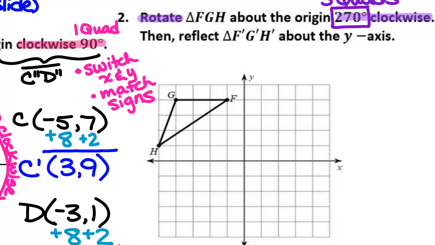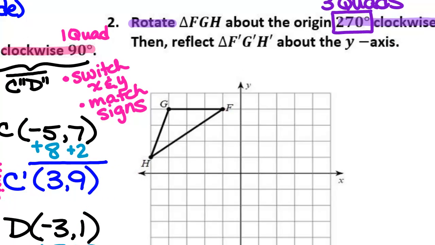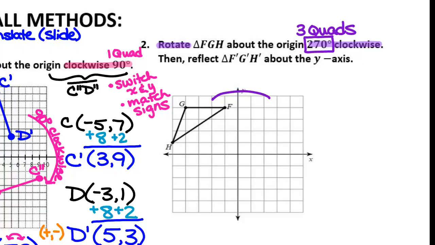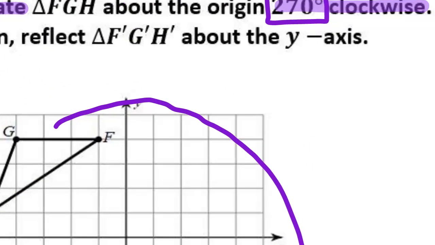If I go 3 quadrants clockwise, that will move me into what quadrant? That's 3 quads, because this is quadrant 1. Yeah, it's going to move me into quadrant 3. We're going to go all the way around like this.